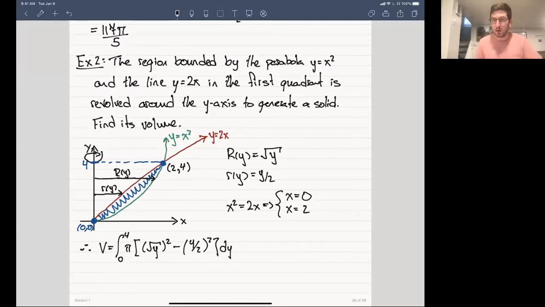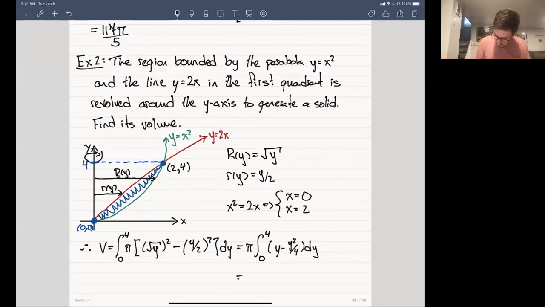And in this case, we're integrating with respect to y. So let's factor that pi out of this, and I get a definite integral of a nice polynomial function. So y minus y squared over 4 dy. Again, this thing is polynomial. It's a relatively simple thing to integrate.